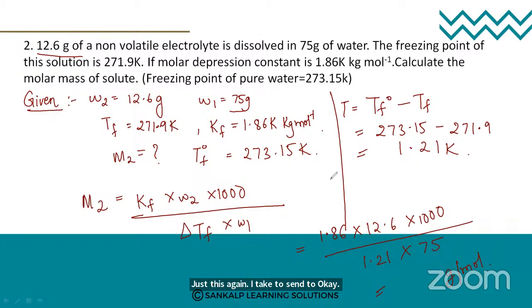Okay, take it as 1.255, but it will not be clear. Okay, 1.86 into 12.6 into 1000 divided by 1.25 into 75. See what will be the answer?